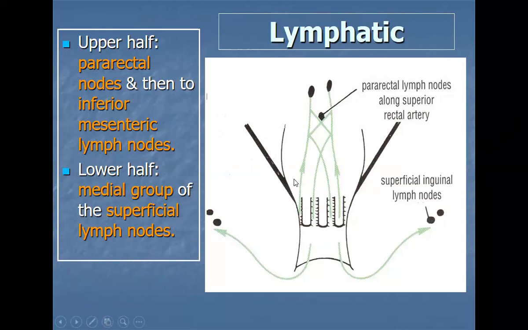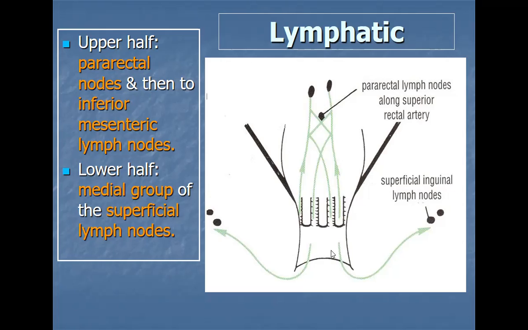Coming to the lymphatic drainage, it also differs above and below. The upper half will drain into the pararectal nodes and then to the inferior mesenteric lymph nodes.